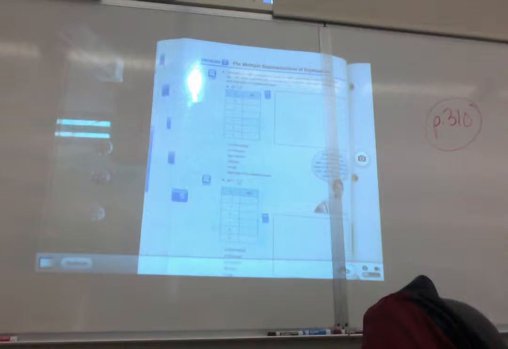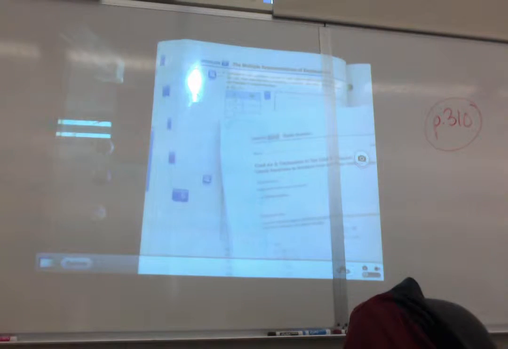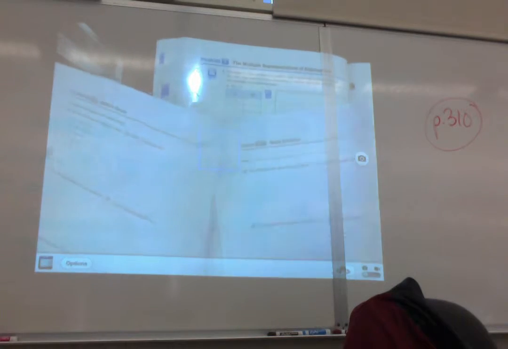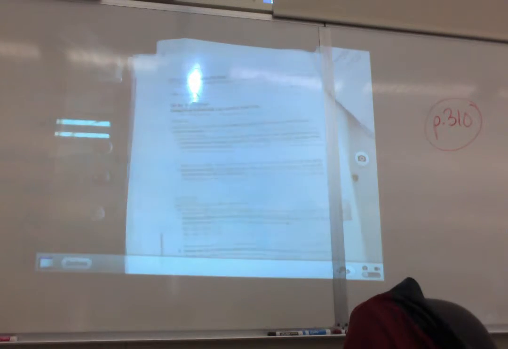Okay, so skills practice 361, 362, okay, let me double check. So it looks like there are some repeat pages, and I think it starts right here.